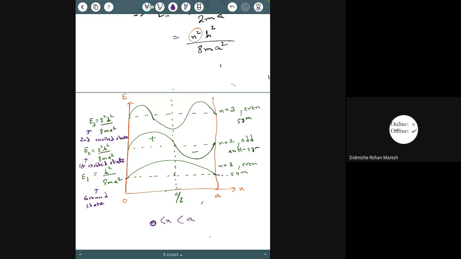Okay, but then the normalization condition, we took the integral from 0 to a because everywhere else it was 0, right? A wave function has to be normalized in the domain of that wave function.